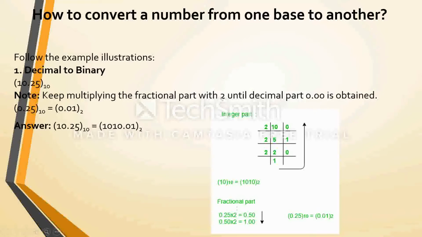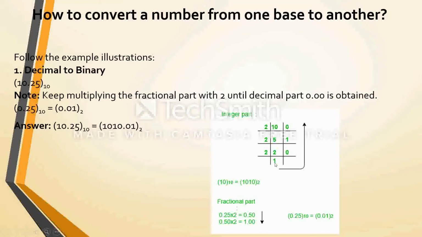Then coming to the integer part. How to convert decimal to binary? Simply by dividing it by 2 repeatedly till we get the quotient as 0. Here I am going to get the remainder as 0. Then after that, 2 2s are 4, 1 is the remainder, 2 1s are 2, 0 is the remainder.